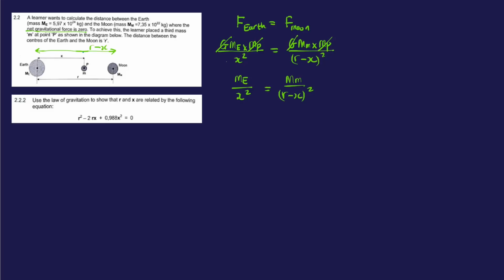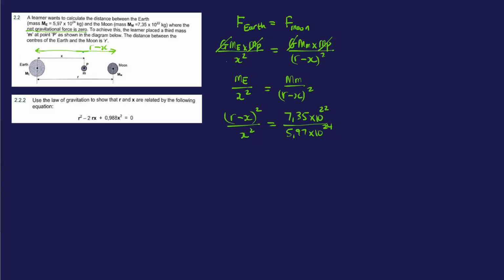I'm going to take r minus x all squared and the mass of the Earth and switch them around. So r minus x all squared divided by x squared is equal to the mass of the Moon, given to us as 7,35 times 10 to the power 22, divided by the mass of the Earth, 5,97 times 10 to the power 24.